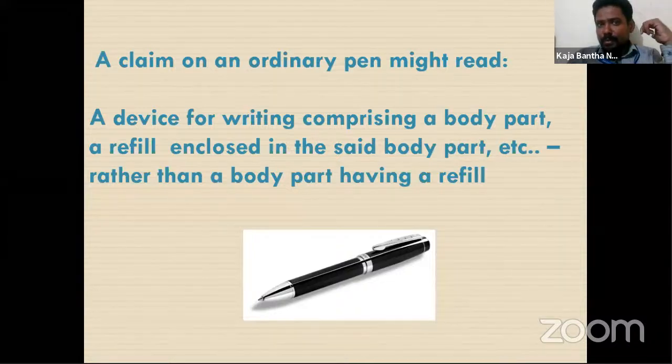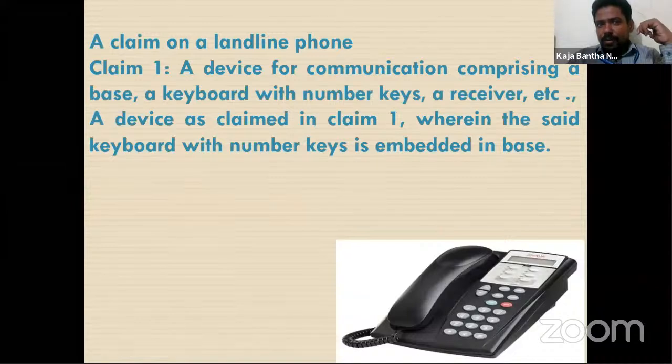Like this, you can write. A claim for landline or mobile phones: a device for communication. The objective is communication. Note it, objective and claim. A device for communication comprising a base, a keyboard with numbers, a receiver.